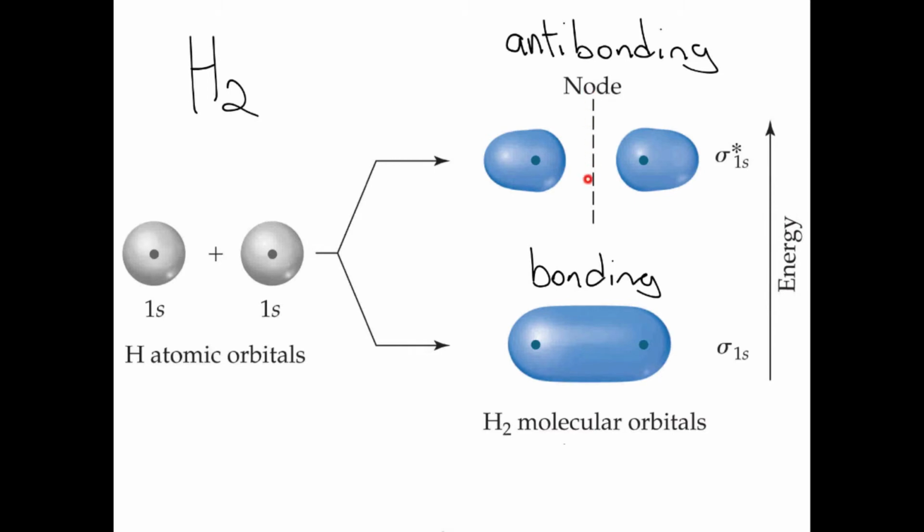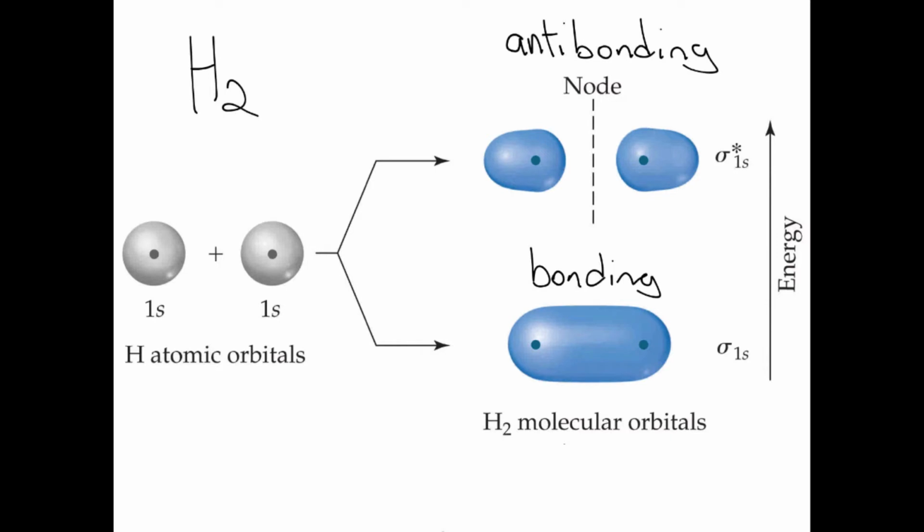Electrons are forbidden from this zone. So the label of antibonding orbital makes a lot of sense in that context. Electrons are almost not able to be shared between these 2 nuclei. So the name makes sense, but its very existence is, I think, for most students, unintuitive and causes a little bit of trouble.